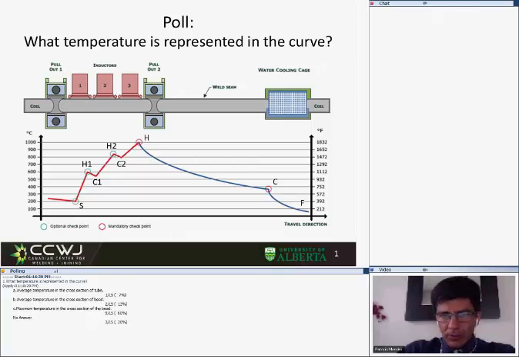Now, we also have the first choice, that is the average temperature in the cross-section of the tube. I want to dwell on this for a second. When we look at the cross-section of the tube, the hot part is only the seam part.